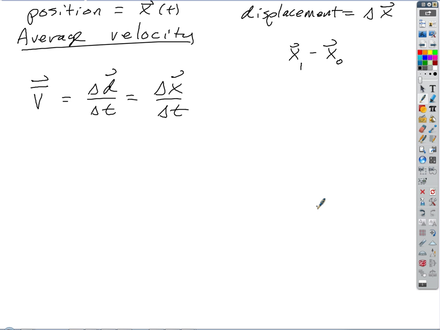Let's say that I'm going to start at -1, and here's the story. Start our stopwatch, and 3 seconds later, I'm out here at +5. Started at -1, 3 seconds later, I'm at +5 meters. What was my average velocity? How'd you get it?